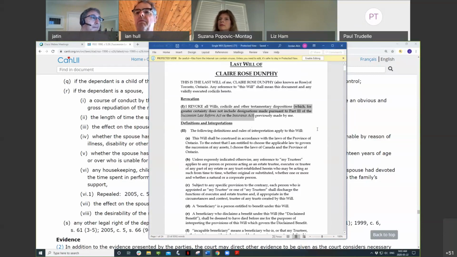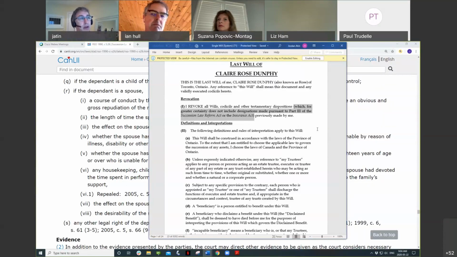So unless I'm intending to revoke all prior beneficiary designations, and I wouldn't rely on this to do that, I think it's a good idea to exclude that from your revocation clause because of these outlier cases.